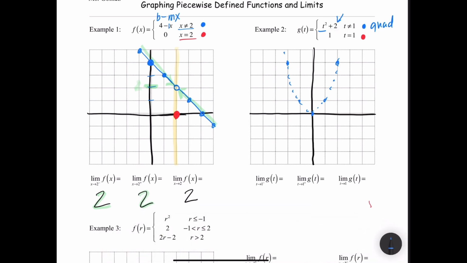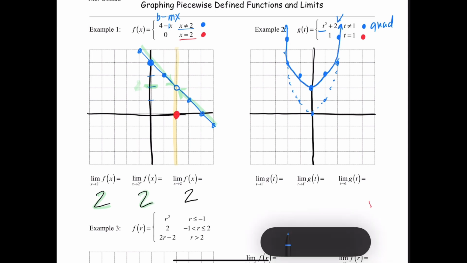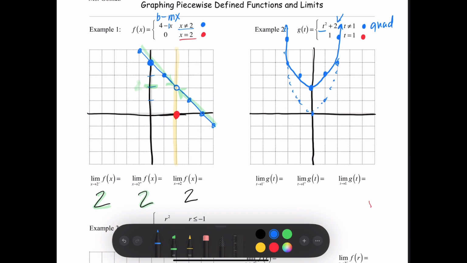So I'm going to take every single one of these individual points and I'm going to shift them up by 2. And I don't have enough space up here for these, but this is going to be my graph of the quadratic. Okay, and I'm going to clean up this bottom section since we don't need this anymore. Great.